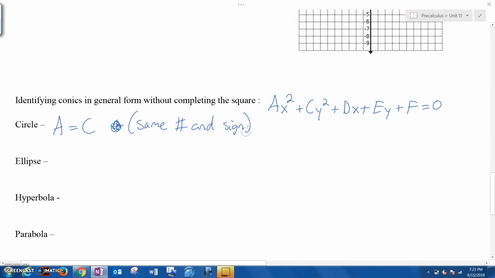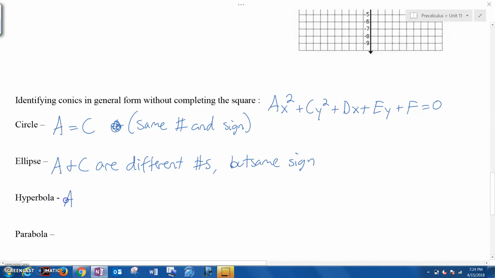That's how you know you have a circle. An ellipse is very similar to a circle, except a is not the same as c. So a and c are different numbers, but the same sign. You need to have the same sign for a and c for an ellipse.